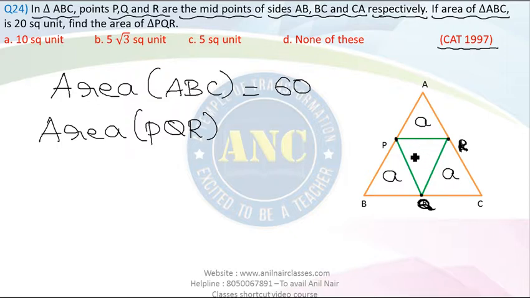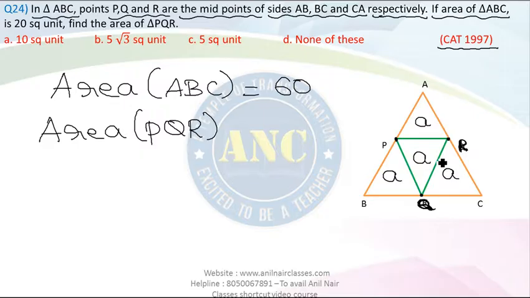That means in simple language, these three are a square units each, and this particular triangle PQR, because P, Q and R are the midpoints of the outer triangle, that also will be small a.